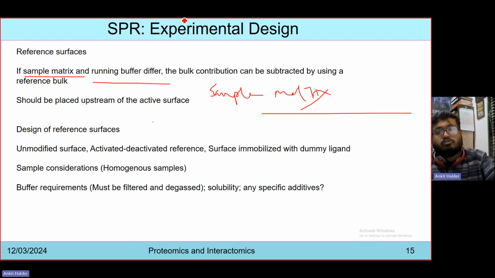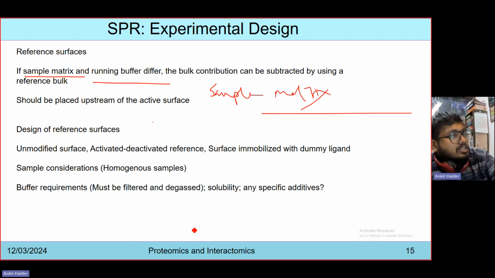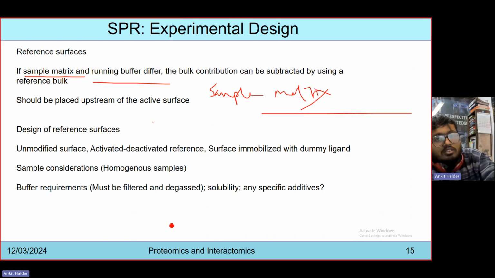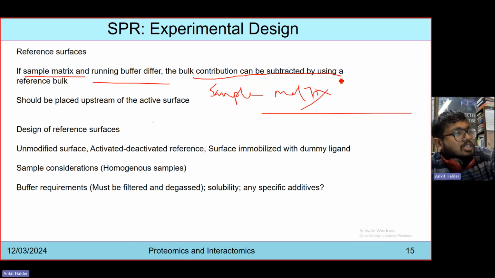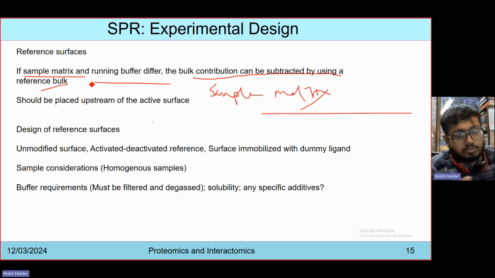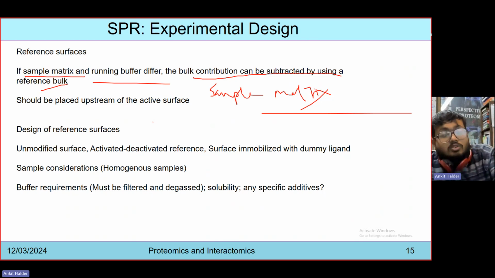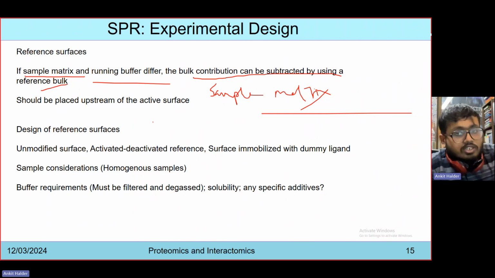If they differ, the bulk contribution can be subtracted using a reference surface. So this bulk effect, which hinders the understanding of the true binding, can be subtracted by using a reference.